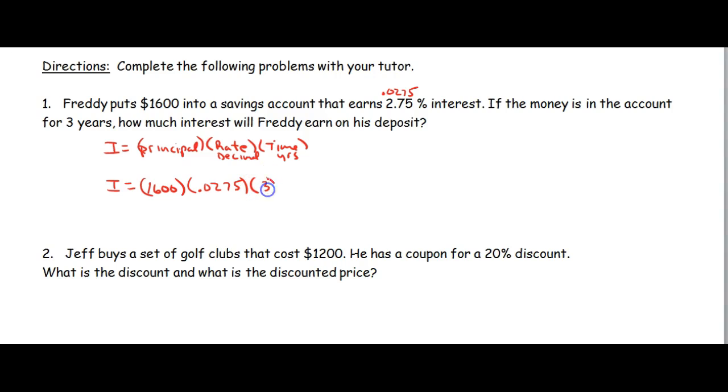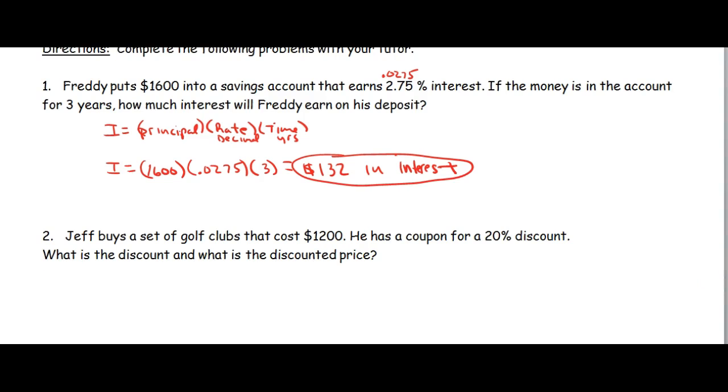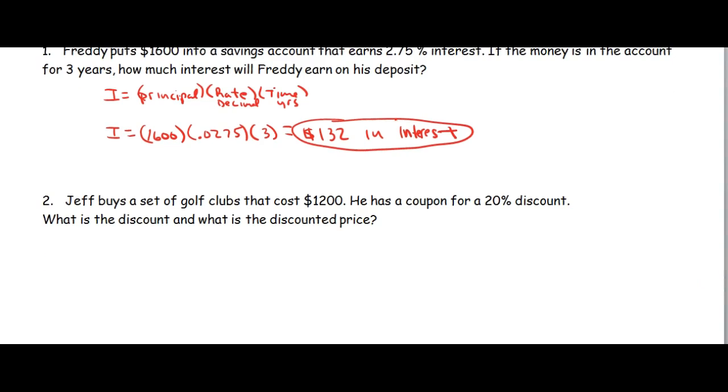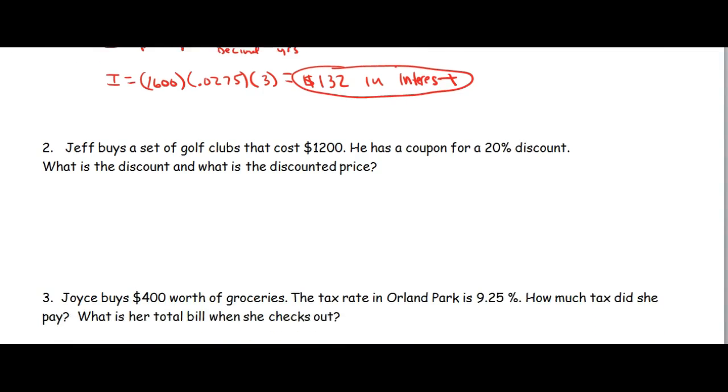That was 3. Now if you take your calculator and multiply these 3 numbers together, you will get that he earned $132 in interest. So you have to know the simple interest formula: interest equals principal times rate times time.